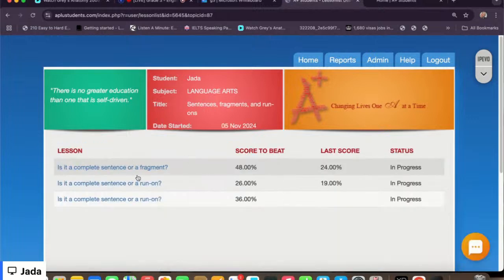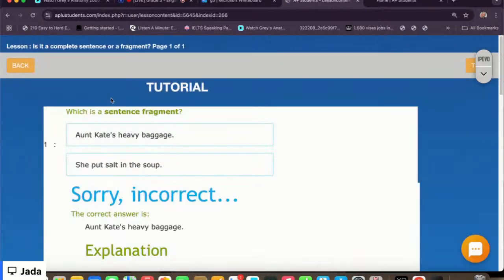So we're taking these first two lessons, and then the next time we will complete the last one. So we're doing: is it a complete sentence or a fragment?